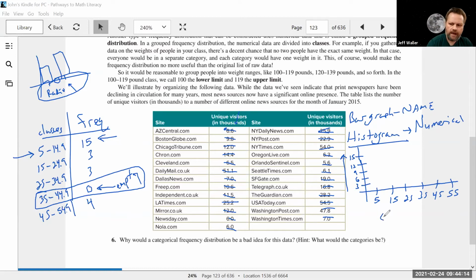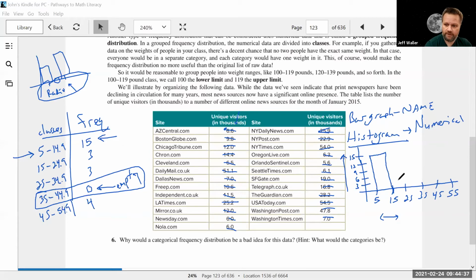So from 5, is everybody with me? From 5 to 15, the bar is going to be up to 15 because that's the count. What about from 15 to 25? Three.